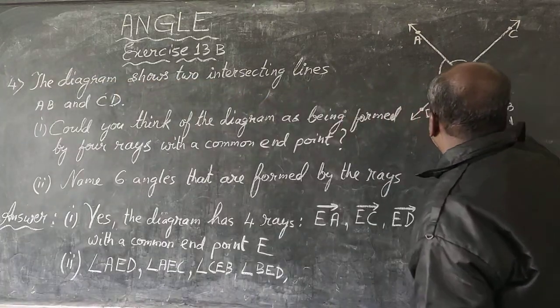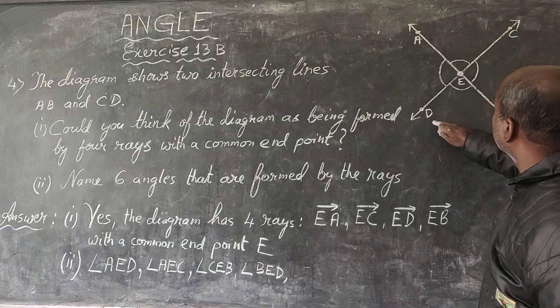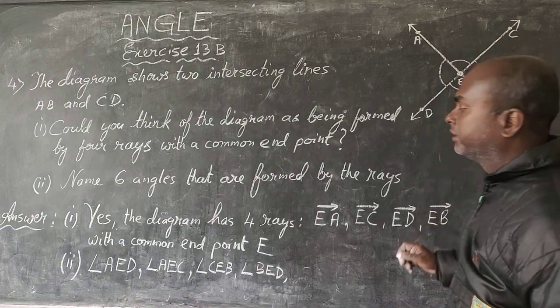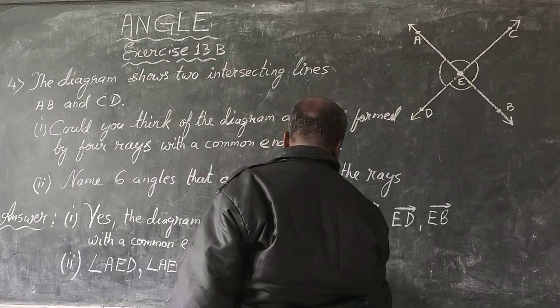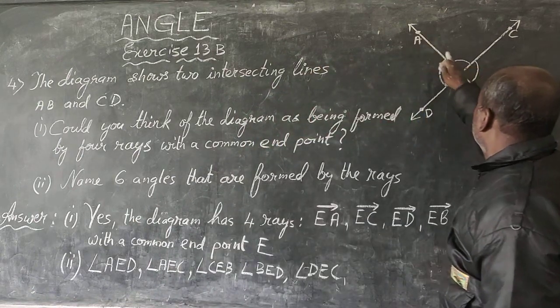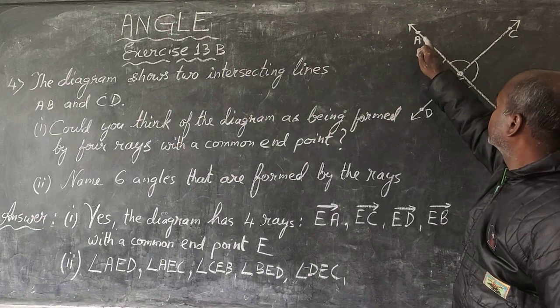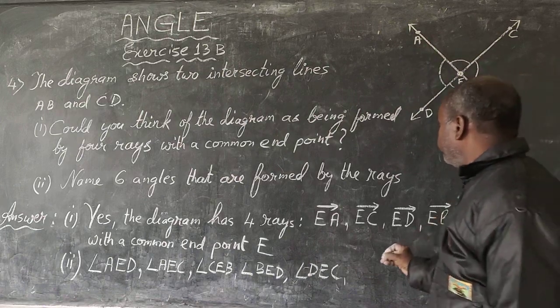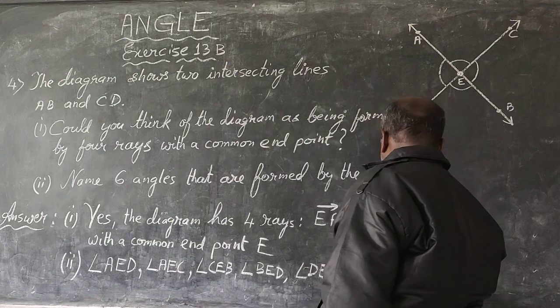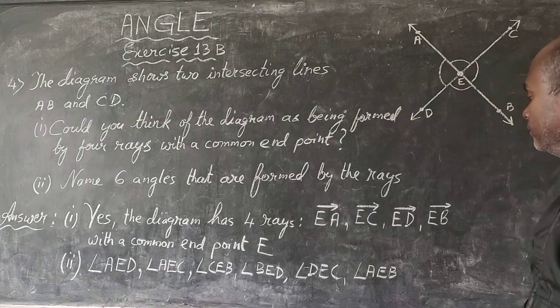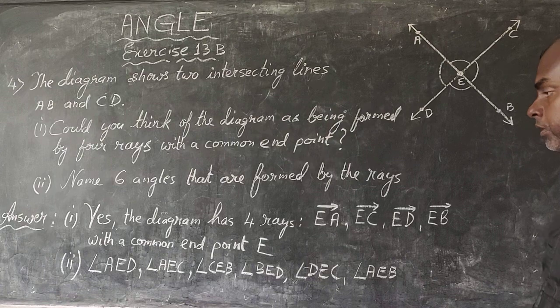For this particular line, the straight angle's name will be angle BEC. And for this particular line, the straight angle's name can be given as angle AEB. Okay, this is question number 4 solved for you.